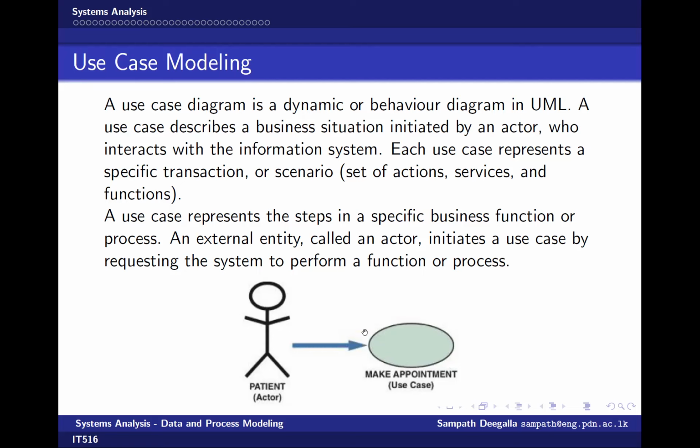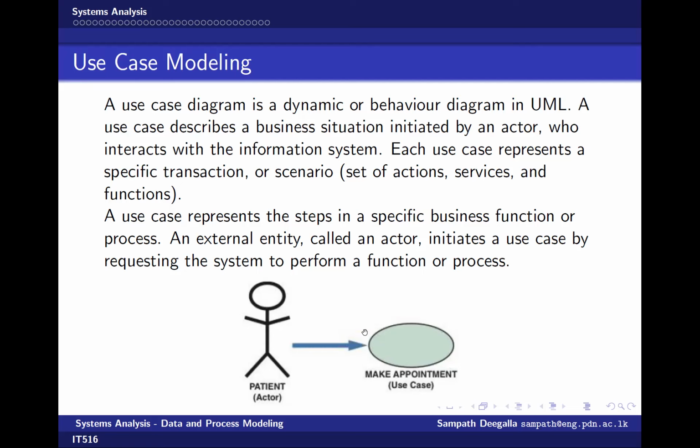So each use case will represent some kind of scenario, which means it could be some kind of action, service, or function. And the use case also represents some steps as well. For example, after making an appointment, what happens? So you can have a set of steps, and you can also have different actions within this, right?